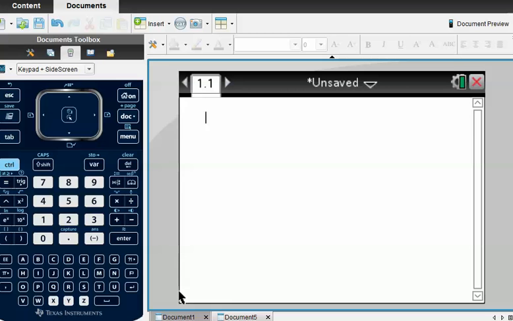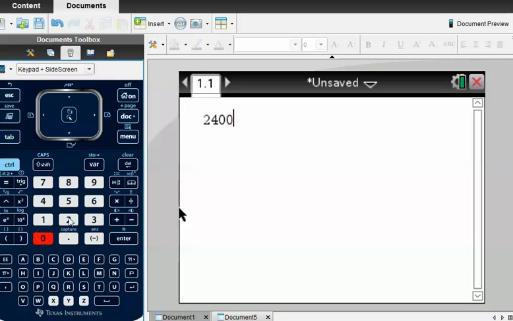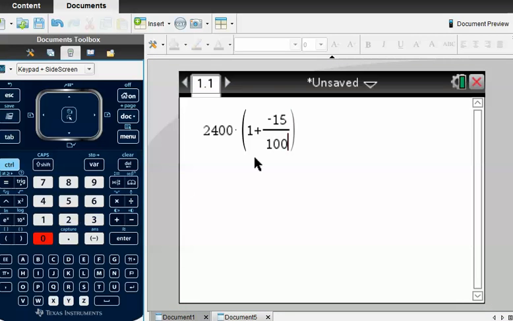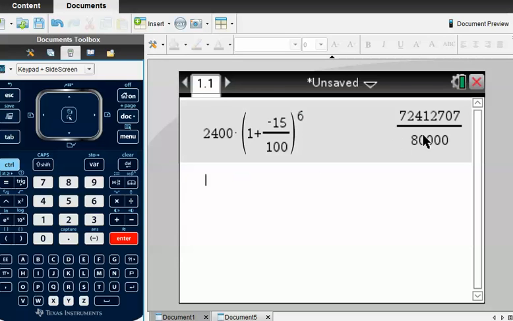In our calculator, we're going to do 2,400 times bracket 1 plus, control divide to get a fraction template, up, minus 15% over 100, and then push all the way across, and then we want power 6, enter. It gives you this horrible fractional answer, so let's just convert it to a decimal.